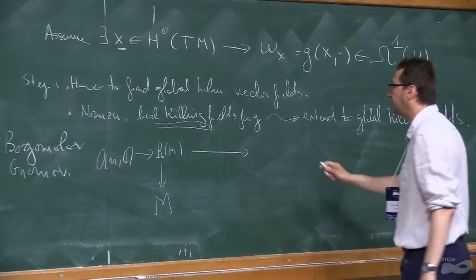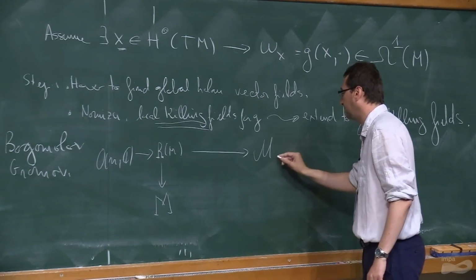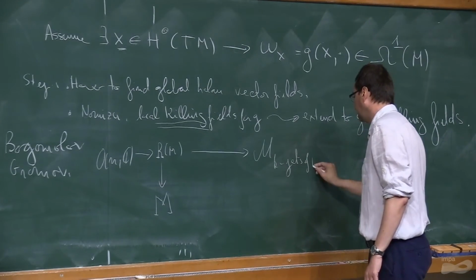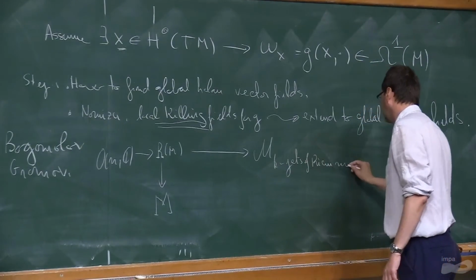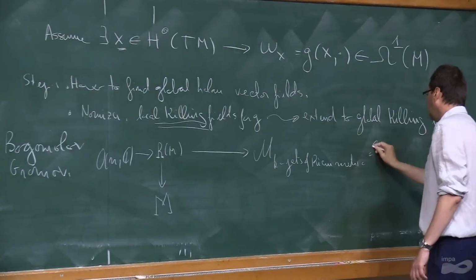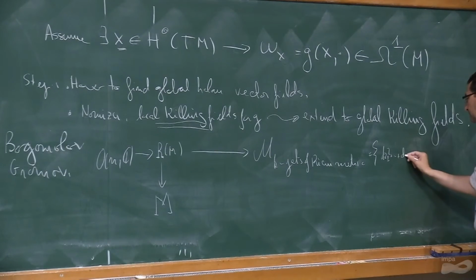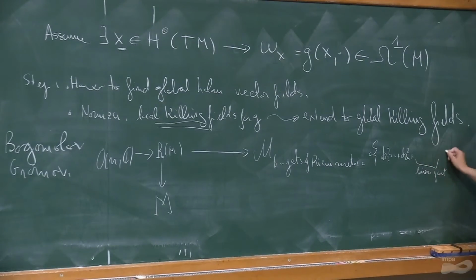And in this frame bundle, you look at k-jets of the metric. So this is like a space where the first jet is the standard quadratic form, then you have a linear part, which is 0, and then you have some quadratic part.